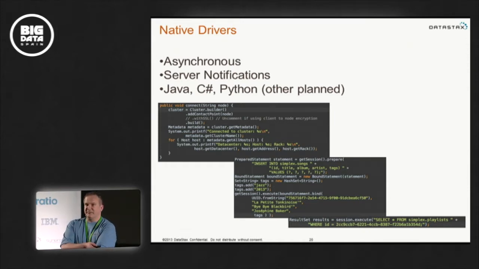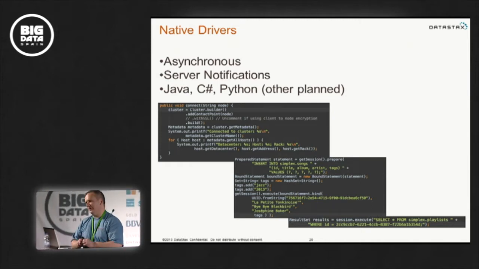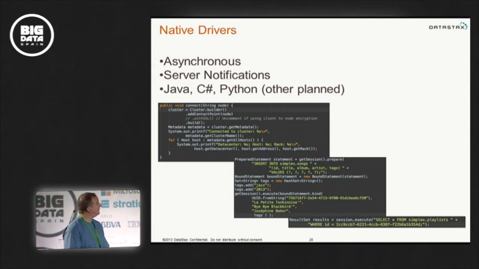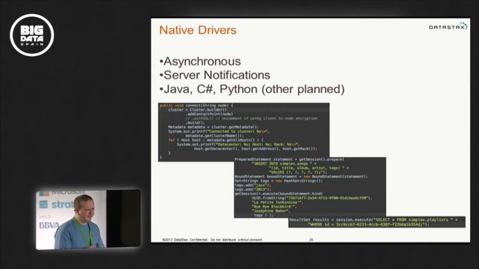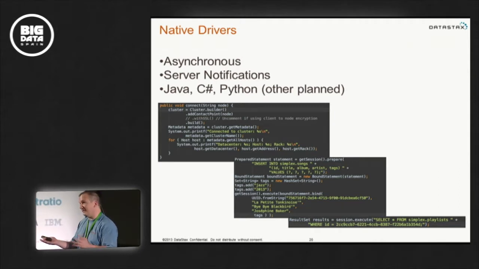And the other thing is, because the server can push information back, it allows your clients to be situationally aware. So if a node is down or is experiencing heavy traffic, the client can be told and it can query different nodes instead. So that gives us some significant benefits. The current release, I believe, is on average about 10% faster than Thrift. It does depend on the particular situations.